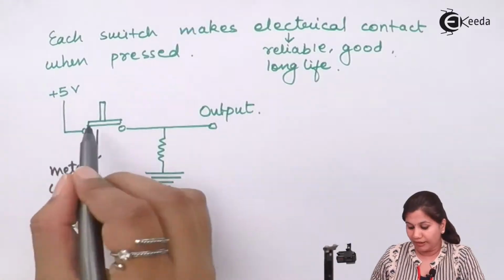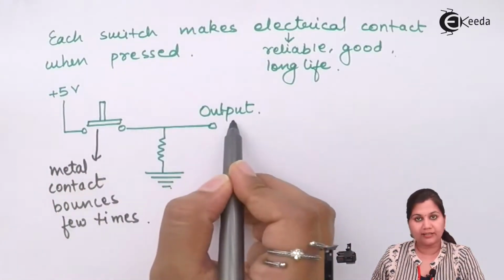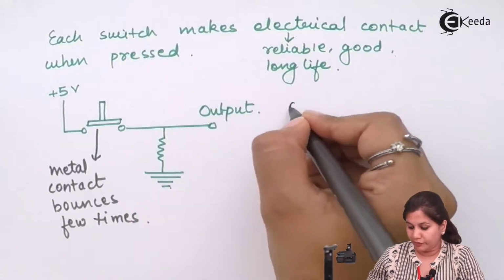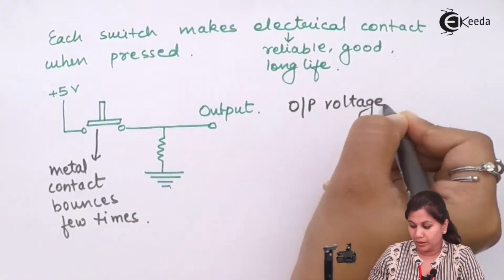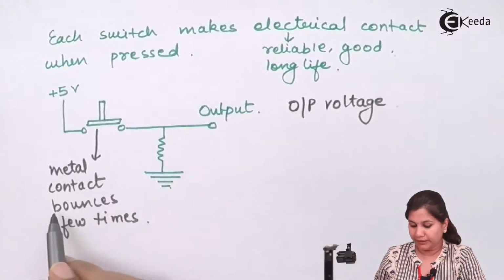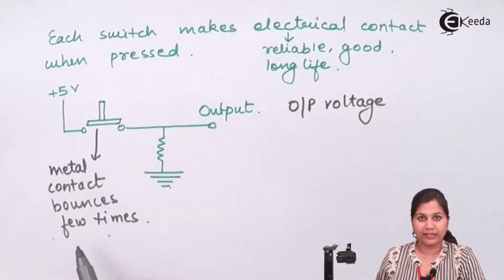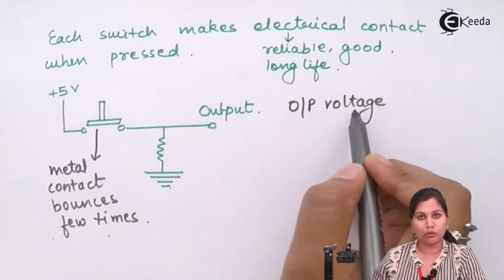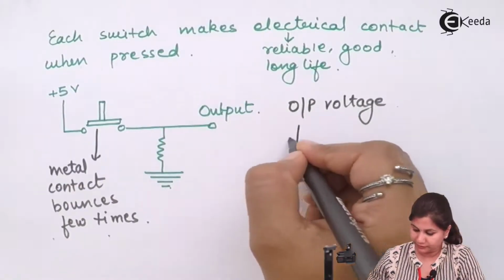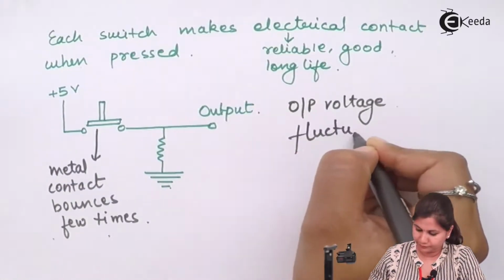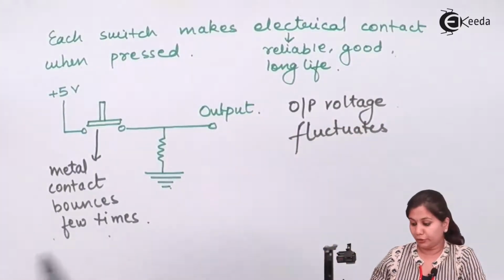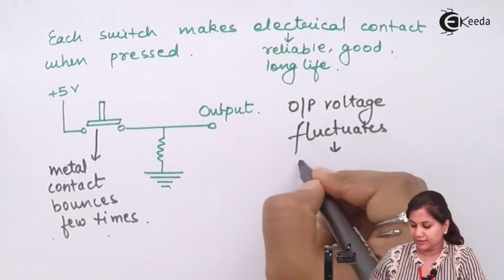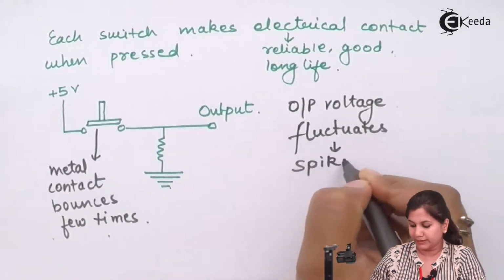Because now when this contact is being connected, there is an output. Okay, we will get an output voltage here. But if this metal contact is going to bounce again and again, then this output voltage is going to fluctuate. And due to this fluctuation, there is a spike in the output signal.